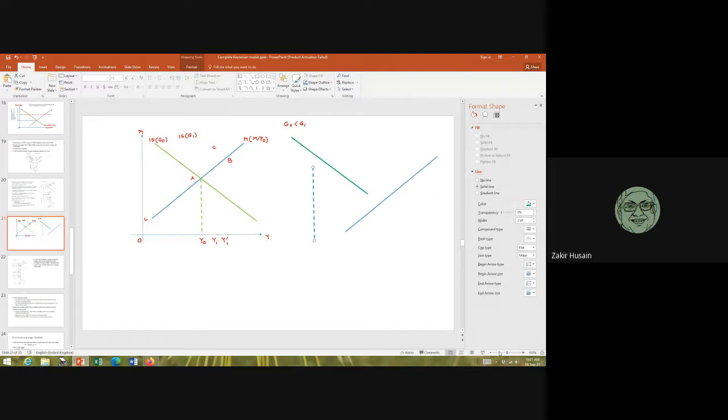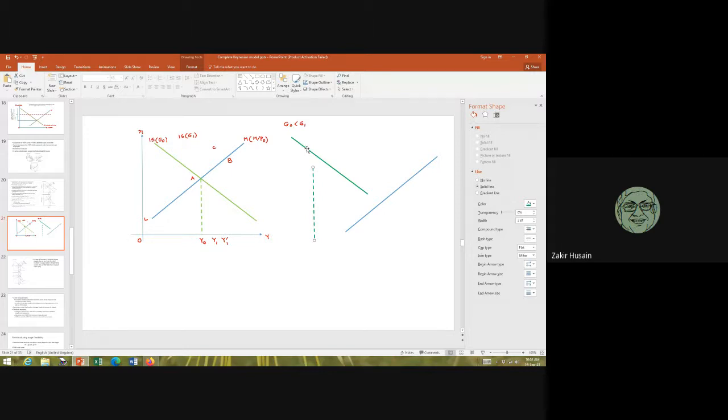Right. Now let's look at this. See, we are looking at the ISLM model. This is the initial IS curve, IS G0, and this is the LM curve. So equilibrium will occur at E, the output is Y0.